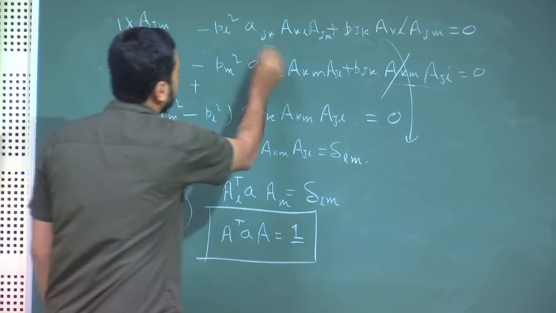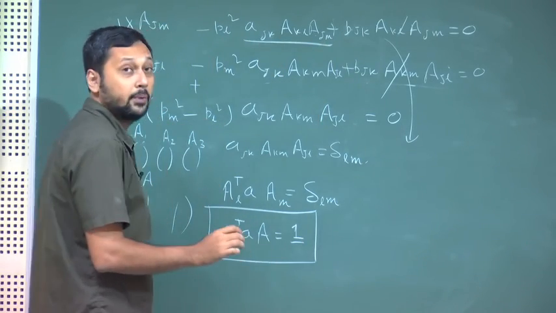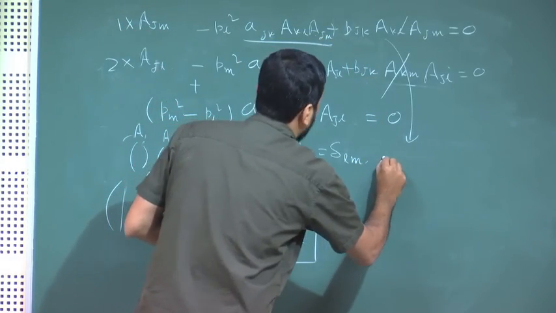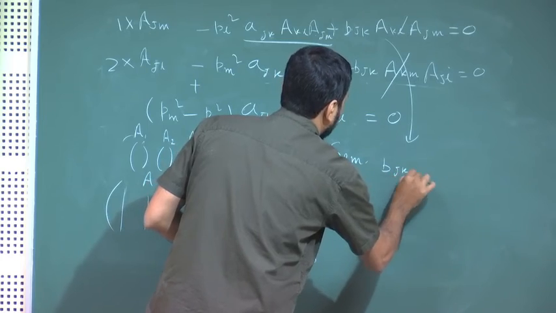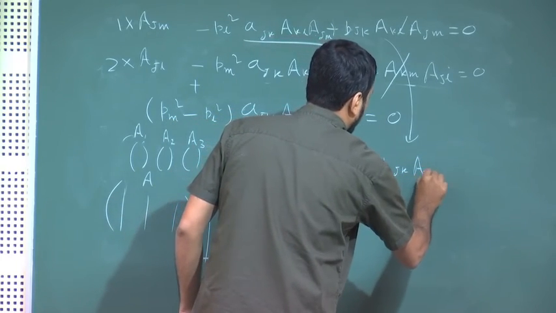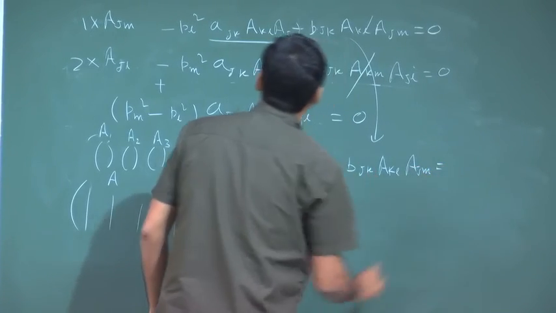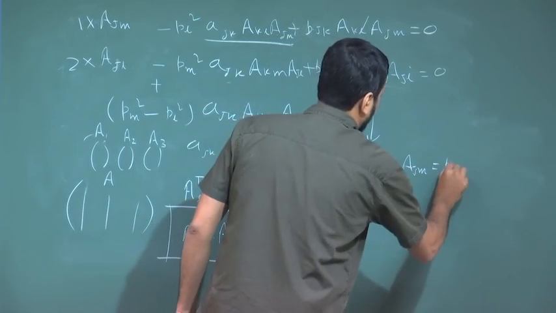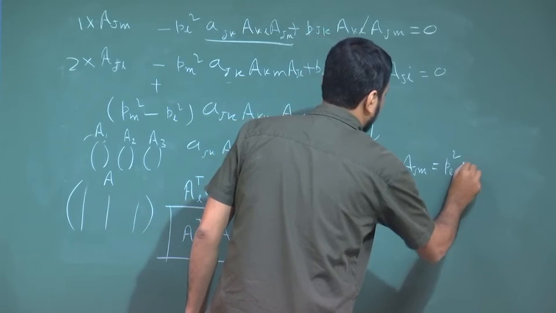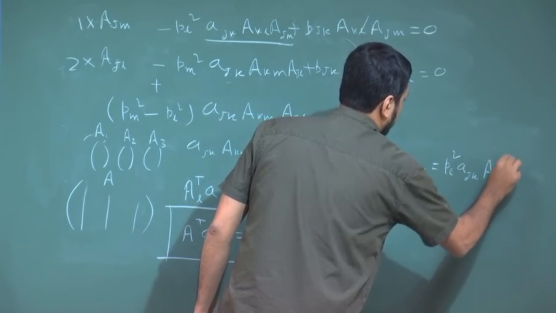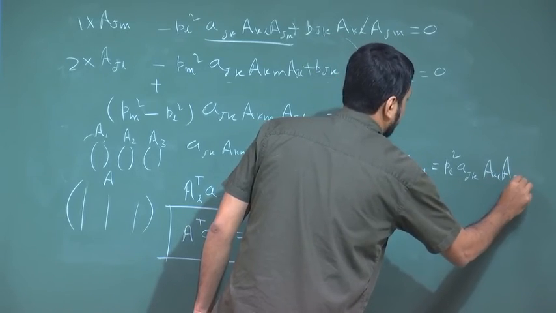In this first equation we have seen that this part, this equation can be rearranged to give B j k A k l A j m is equal to P L square A j k A k l A j m.